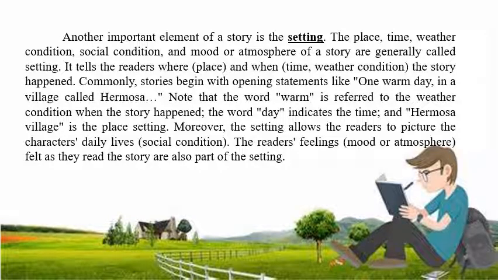Note that the word warm refers to the weather condition when the story happened. The word day indicates the time. The Hermosa village is the place setting. Moreover, the setting allows the readers to picture the characters' daily lives or social condition. The reader's feelings, or the mood or atmosphere felt as they read the story, are also part of the setting.